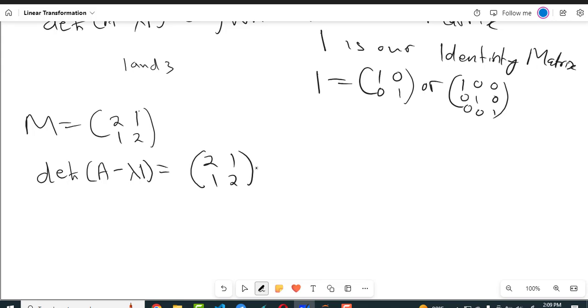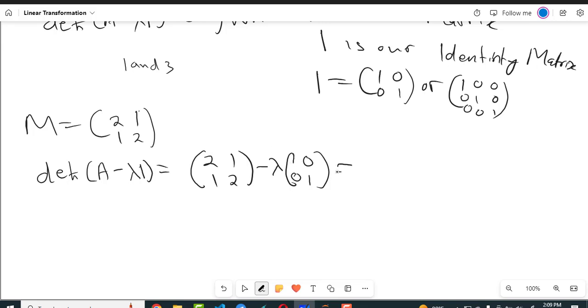Now we have our matrix minus our lambda, which represents our scalar, the values that we are looking for that you are not given, times the identity matrix. So you check this matrix. If it is a 2x2 matrix, you write the identity matrix of a 2x2 matrix here. If it is a 3x3, you write the identity matrix of a 3x3 matrix. So it is simple, right?